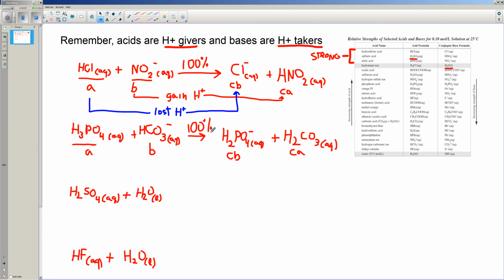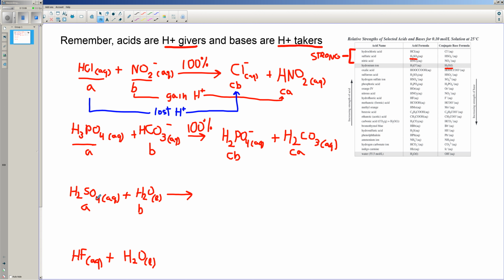So let's do our little arrow. So in this situation, H2SO4 is my acid, and H2O is my base. I know it's weird to consider water a base, but in this particular instance, yeah, it's a base. It's going to be accepting a hydrogen. So we'll do that reaction.